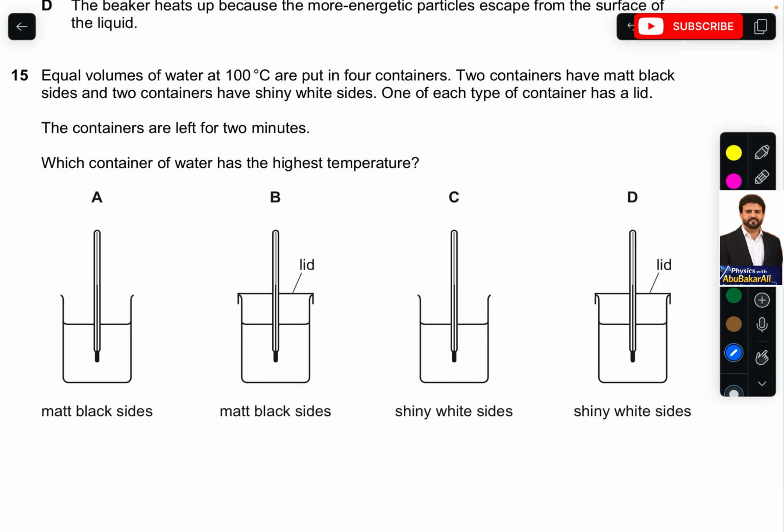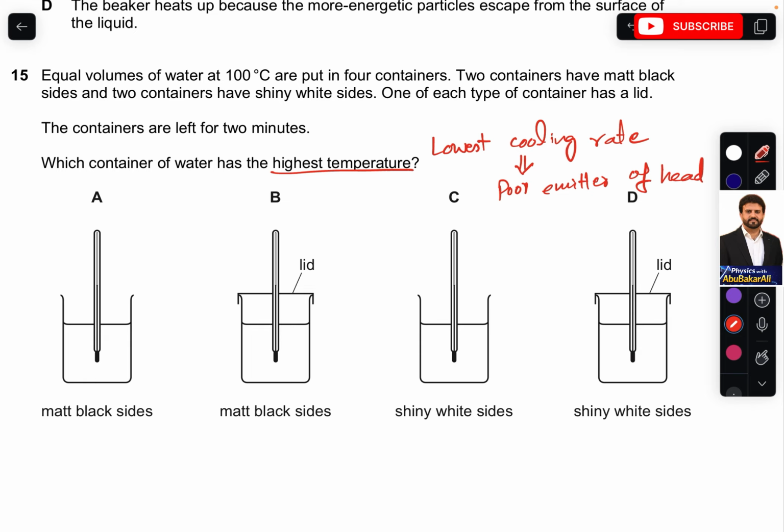Okay, so which one will have the highest temperature? That one will have the lowest cooling rate. And which one will have the lowest cooling rate? The one that is a poor emitter of heat. So heat loss should be minimum.